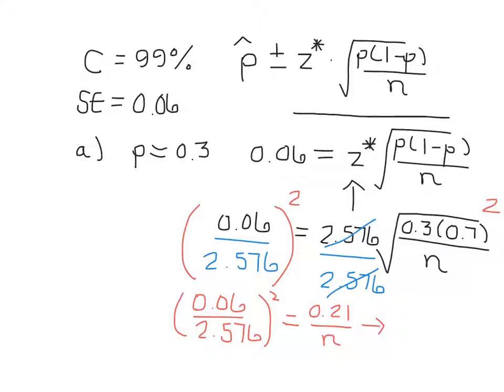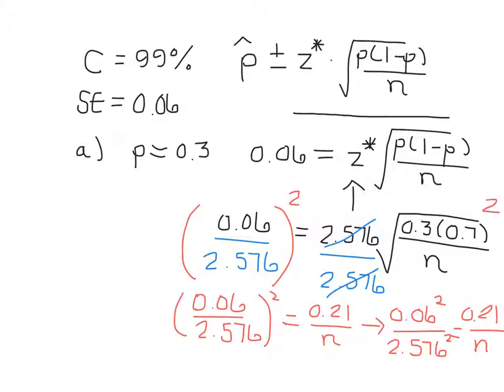So a fraction squared is the same as taking the top part of that fraction and squaring it, and taking the bottom of that fraction and squaring it. So I'm running out of space here on this page, so I'm going to add a page.